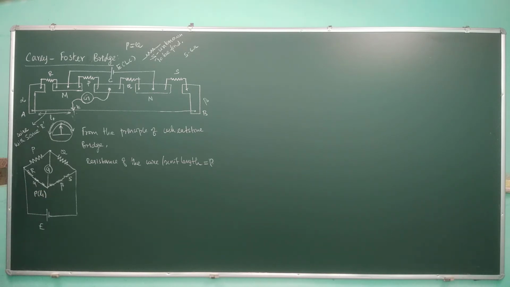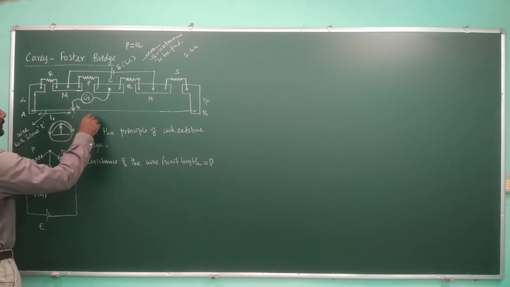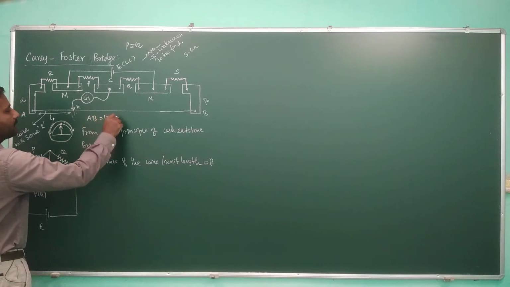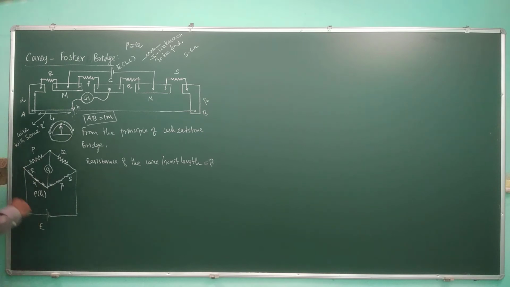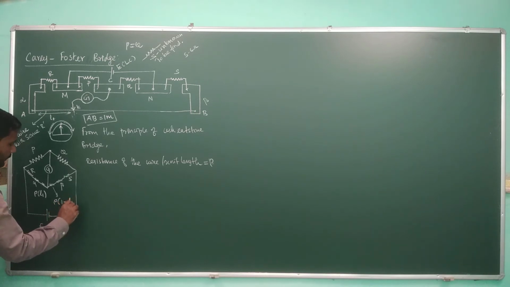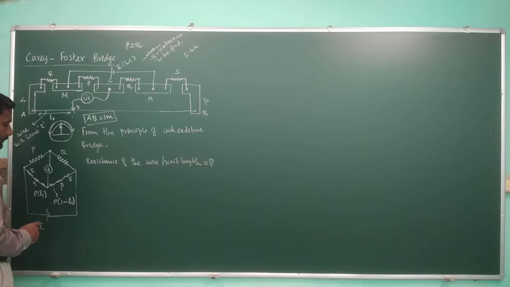L1. And assume that the length of AB is equal to 1 meter. That is the basic definition setup which we forgot to mention earlier. The total length of the setup between A to B is 1 meter. So at this point it will be rho times 1 minus L1, where 1 represents 1 meter.